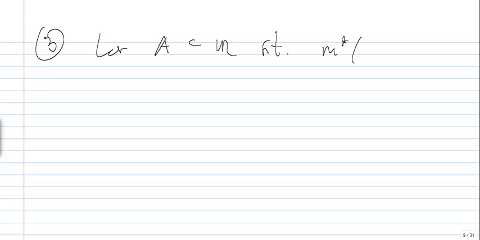The last problem, okay, so we are starting with problem 3: let A be a subset of R such that the outer measure of A is finite.